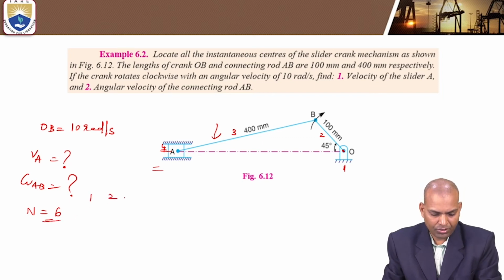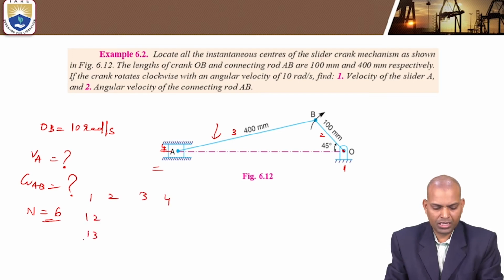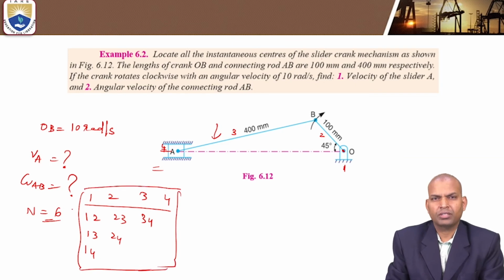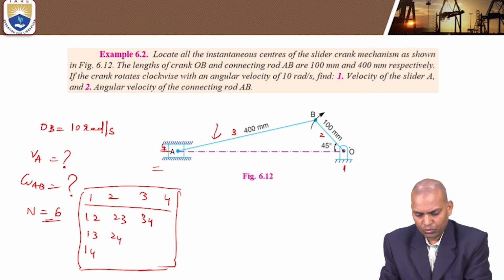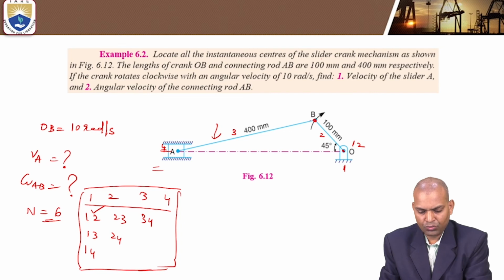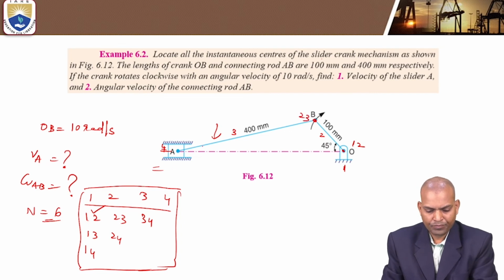Mark them: 1,2, 1,4, 1,3, 2,3, 2,4, 3,4. This is the second step. These are the I centers: 1,2, then 2,3 for links 2 and 3, and 3,4.